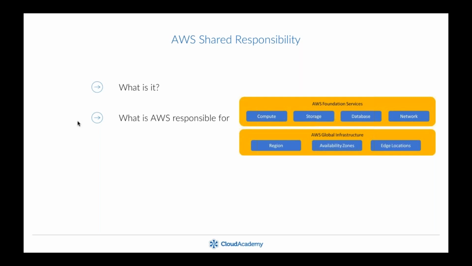Looking at the global infrastructure, such as their regions, the different availability zones within their regions, and the multiple edge locations they have around the world, they are responsible for the global security of the cloud. This back-end infrastructure makes up the cloud, along with their AWS Foundation services.